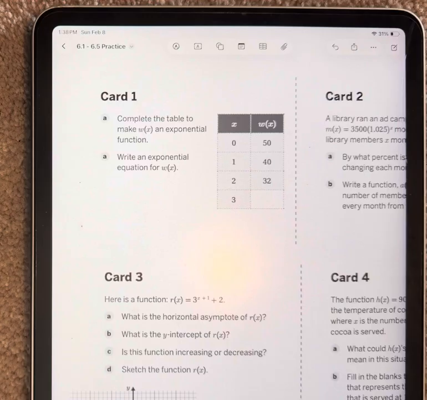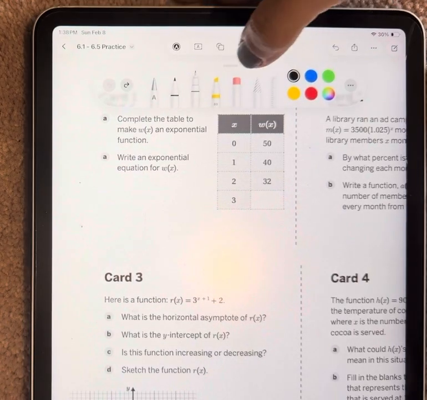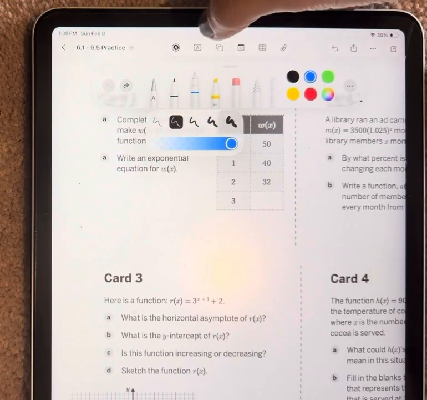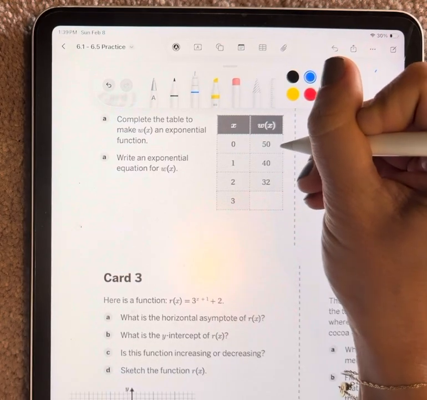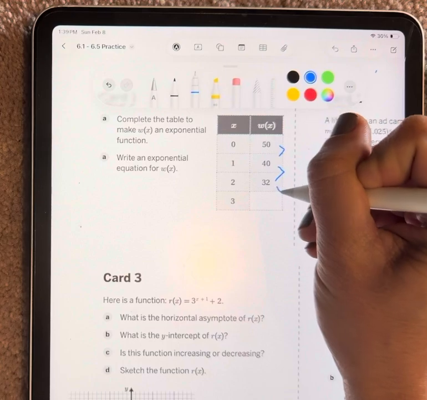Exponentials are not fun without a calculator. So, complete the table to make w of x an exponential function. So the key here, you guys, for exponential, so this is great. The key is when you have an exponential function that you multiply something each time to get the next number, each time.